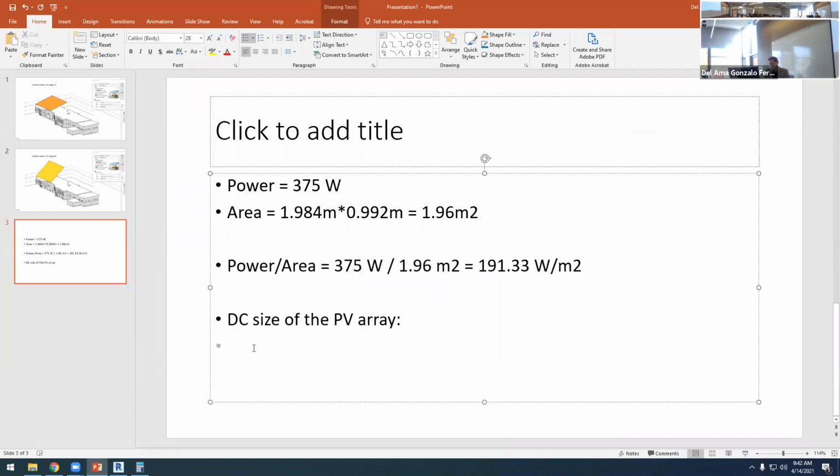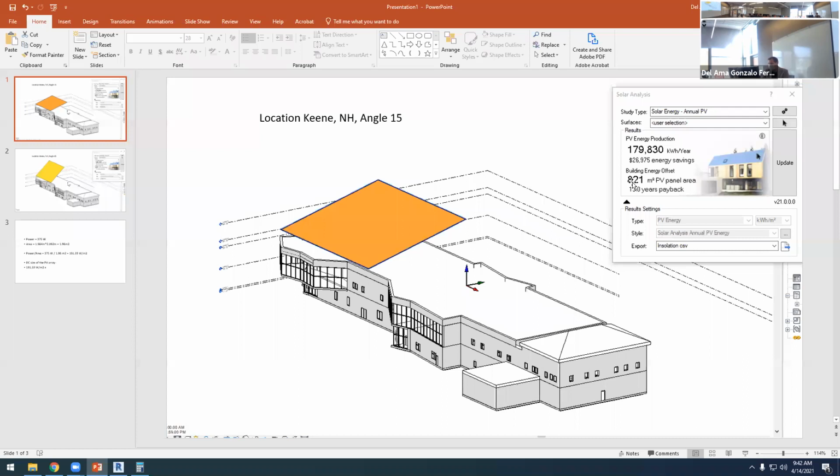So we have to multiply 191.33 watts per square meter times the area of our PV array, and the area is 821 square meters.